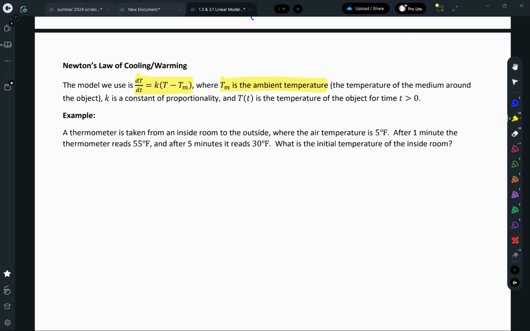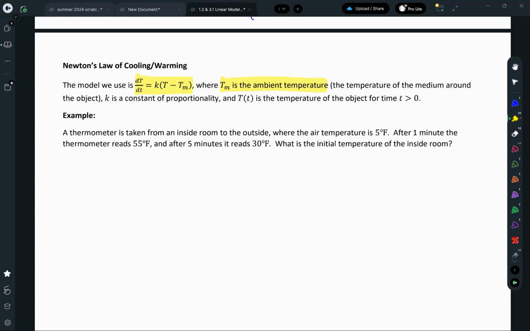If the object is outside, then that's the temperature of the outside air. If the object is in an oven, then that's the temperature of the oven, okay? If it's in just a room sitting on a counter, then the ambient temperature is the room temperature. Okay, T of t is the temperature of the object at some time t that's greater than 0.